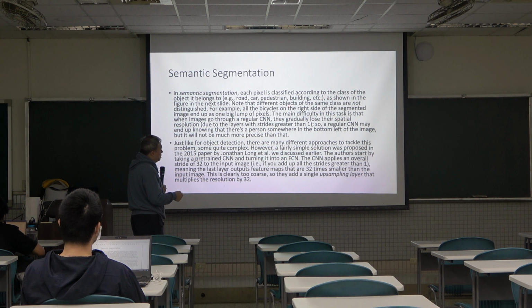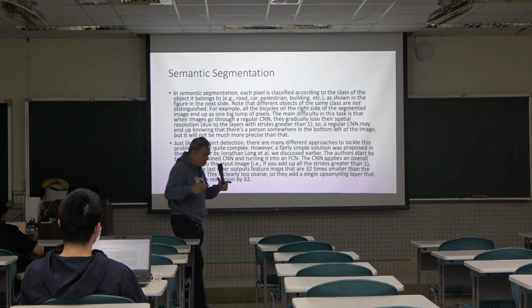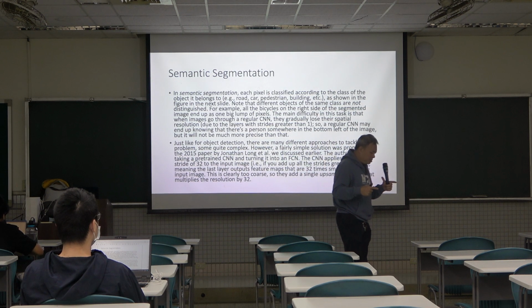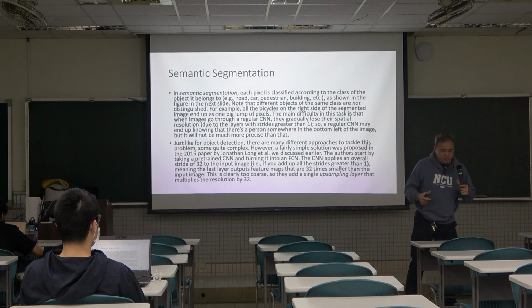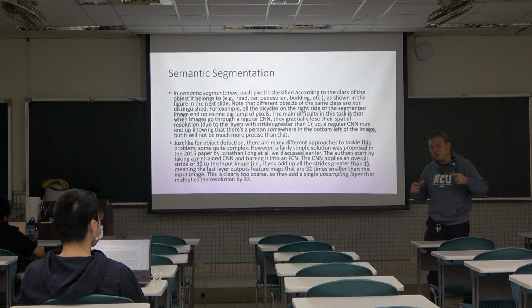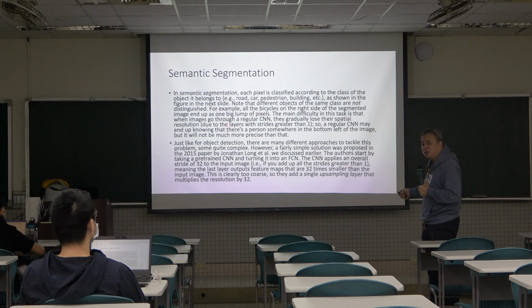The difficulty of this task is that when images go through a regular CNN, remember we have a stride, or max pooling or average pooling, whatever pooling we use. We are doing the downsampling, and downsampling is obviously going to lose some spatial resolution.